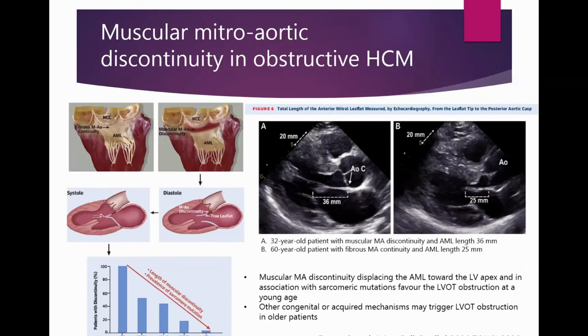Recently, Ferrazzi et al. published data about the muscular mitral-aortic discontinuity in obstructive forms of hypertrophic cardiomyopathy. They found that there is a muscle band between the aortic valve and anterior mitral leaflet, and when this band contracts, this leads to displacing of the anterior leaflet motion towards the LV apex.